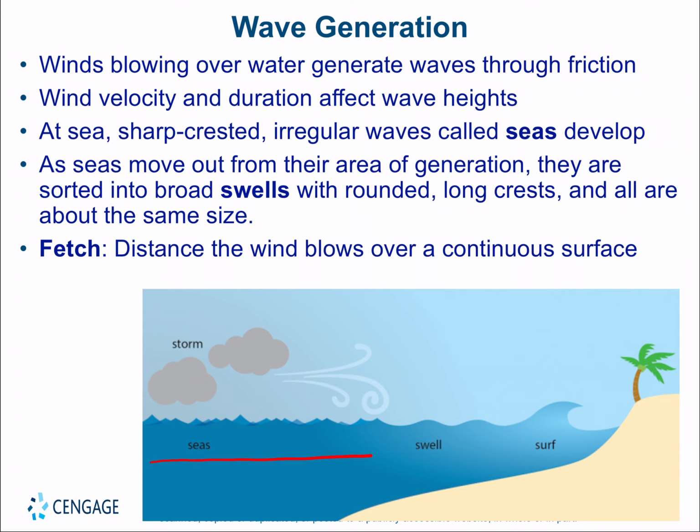As the seas move out from their area of generation, notice you get these nice, smooth, long-crested, rounded waves that we call our swells. Your fetch is a term we use to represent the distance the wind blows over a continuous surface.